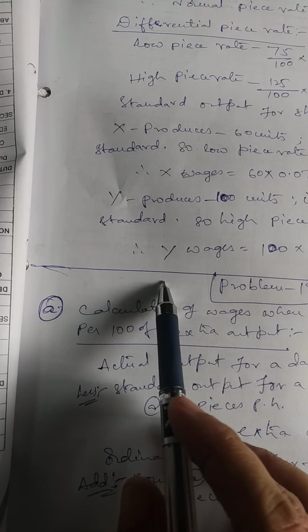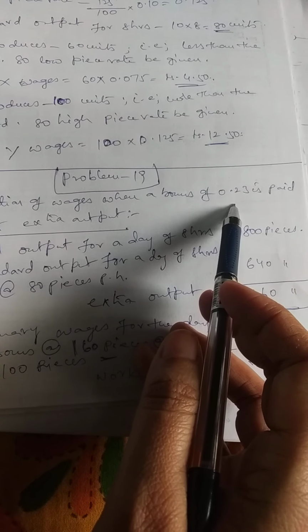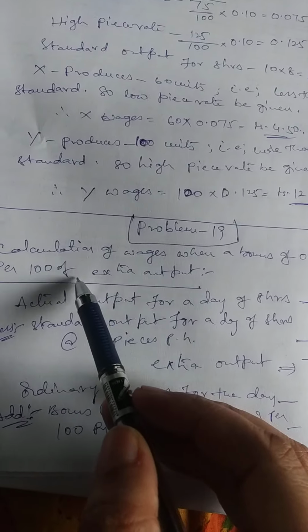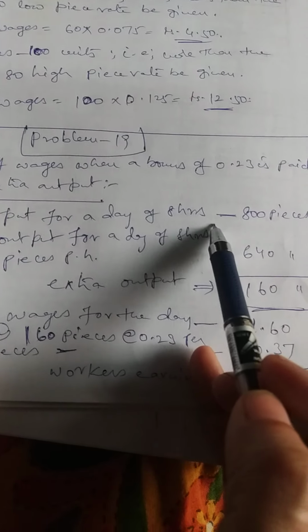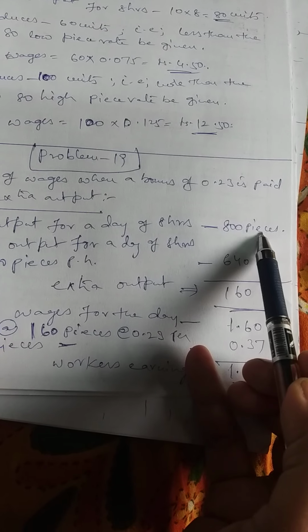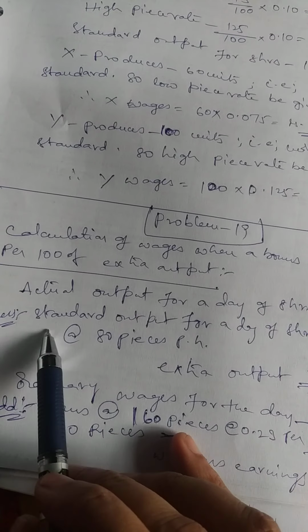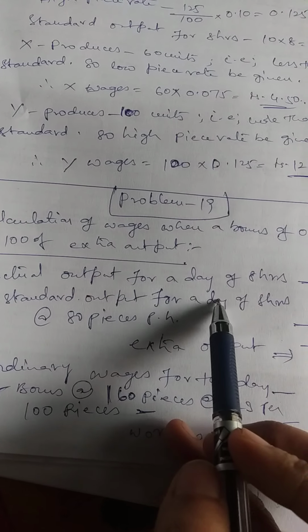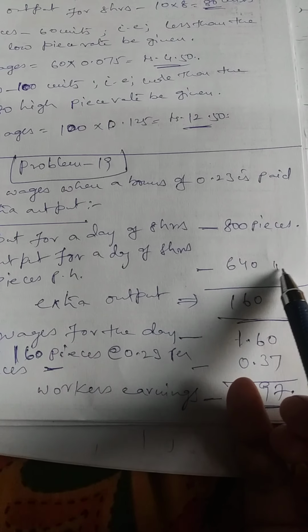First question he has asked: if bonus is paid at 0.23 per 100 extra output. The actual output of a day of 8 hours is 800 pieces, as given in the problem, and less the standard output. What is the standard output? In 8 hours a person can produce 80 pieces per hour, that implies 640 pieces.